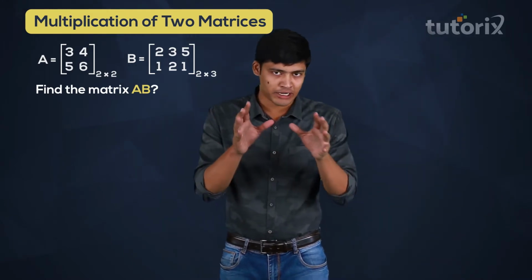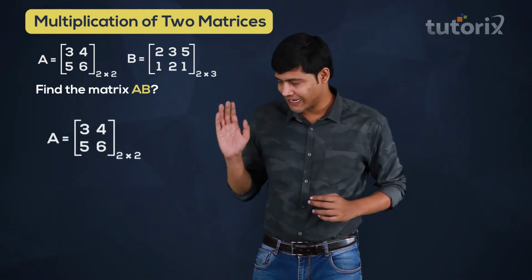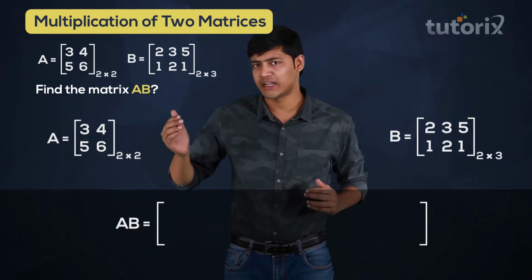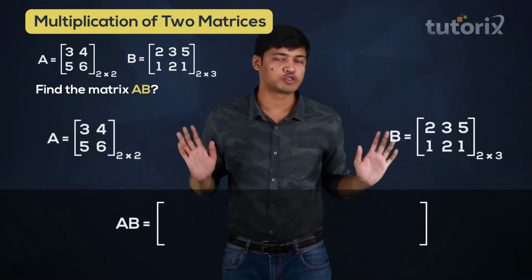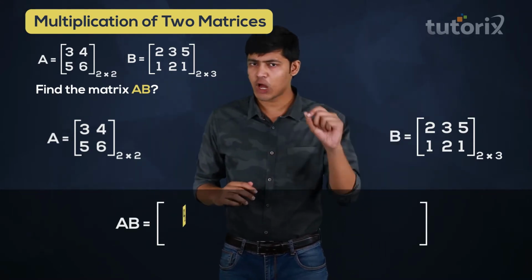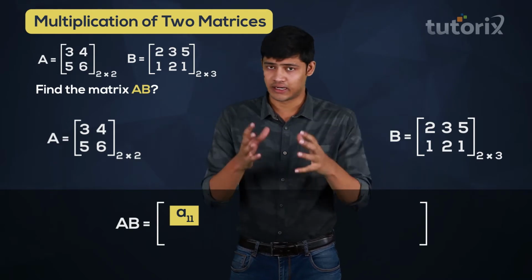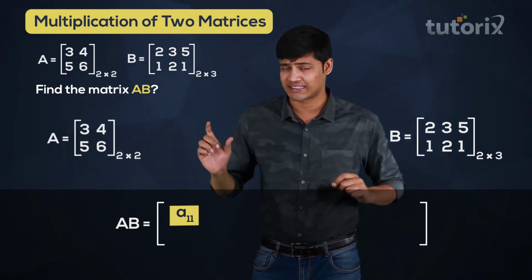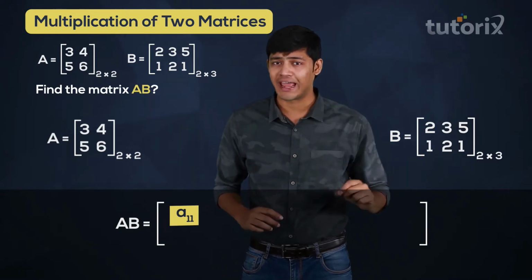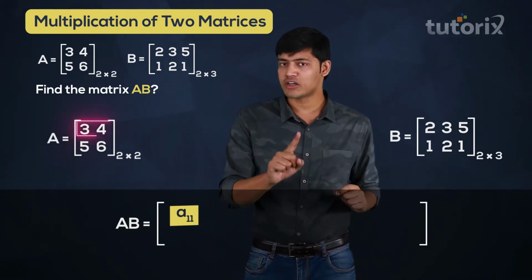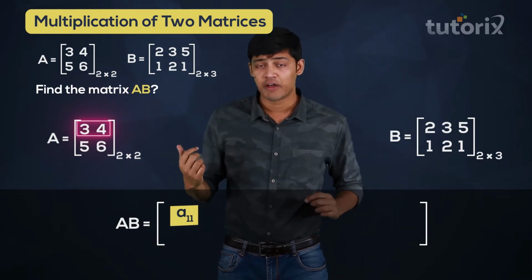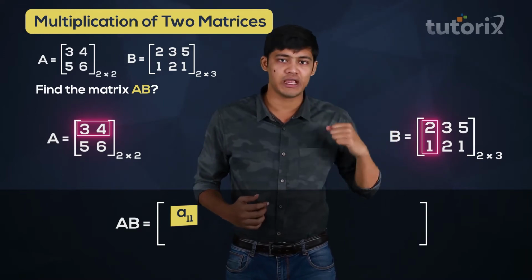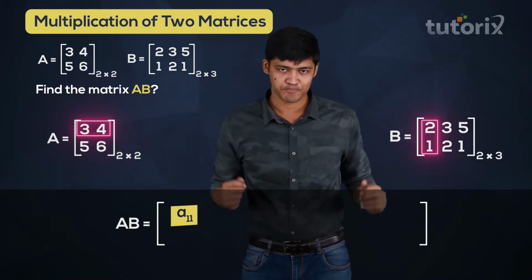Now let's start the multiplication process. Here is matrix A and here is matrix B, and here we will note the matrix AB, which is the product of these two matrices. Now for the first element, that is for the element in the first row and the first column of the matrix AB, we multiply each element in the first row of the matrix A with the corresponding element in the first column of the matrix B and then add them.